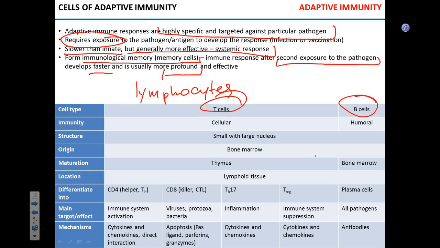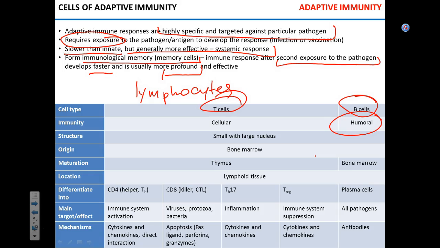And each type of lymphocyte in turn represents a particular branch of adaptive immune response. B cells represent the humoral branch. Humor, except for being funny, what else does this word mean? Humor, related to the human body.